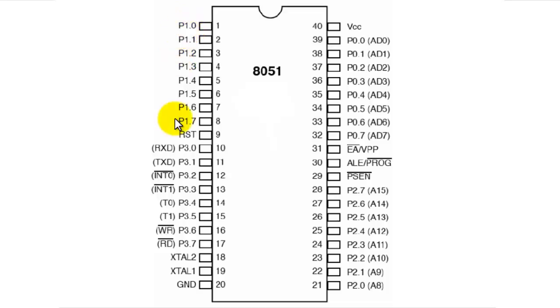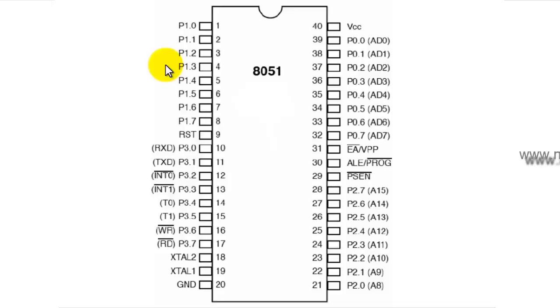Now here P1.0 to P1.7, these are all general IO pins. That means they can be used for general purpose input and output from the 8051 microcontroller. This means that we can either input a bit or output a bit through each of the pins, and this is done through the port 0 register of the 8051 microcontroller.